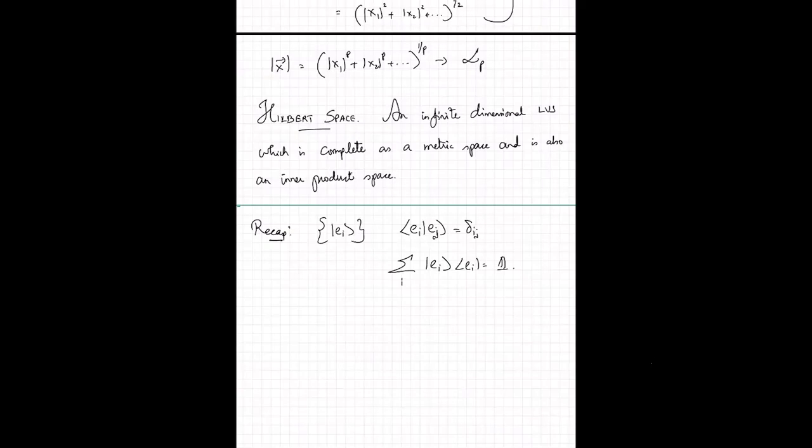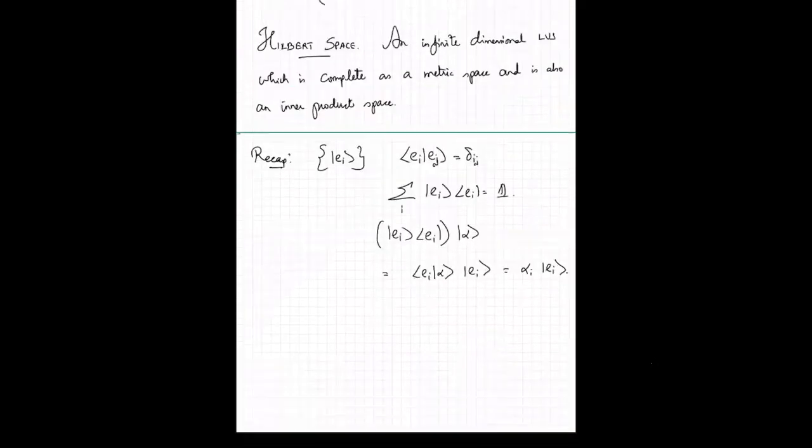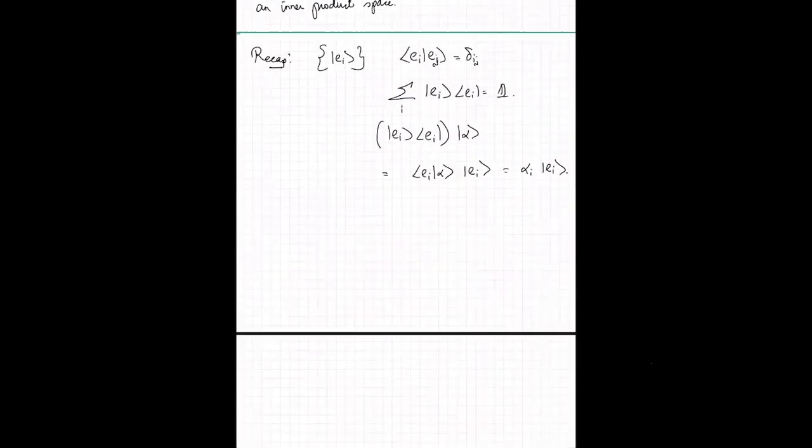And I know the projection of every vector. Suppose I have this projection operator along the direction e_i, and if I multiply this on any alpha, this gives me the component of alpha that lies along the direction e_i. So this is some alpha_i e_i. Okay, so this is how I work out the components of the vector along different directions.